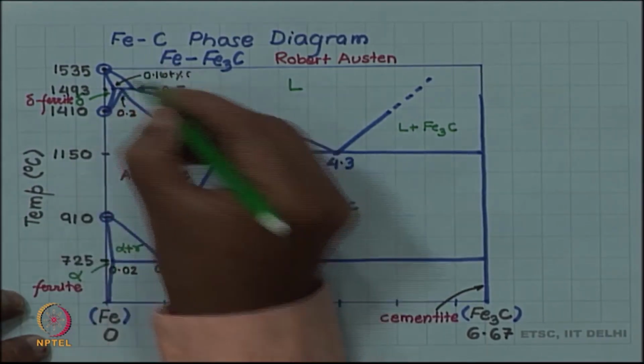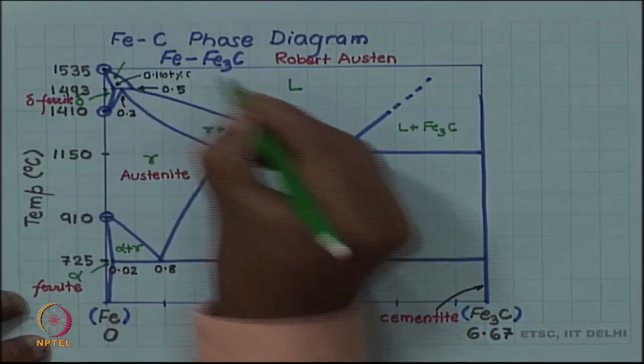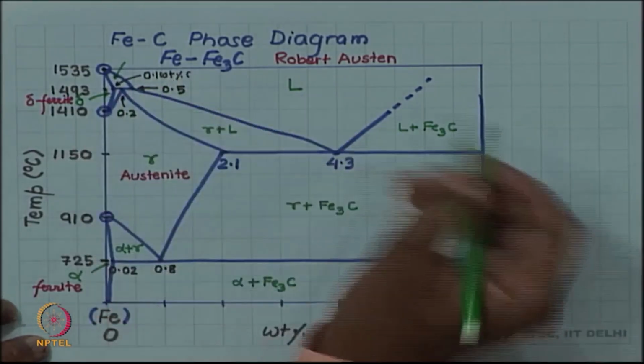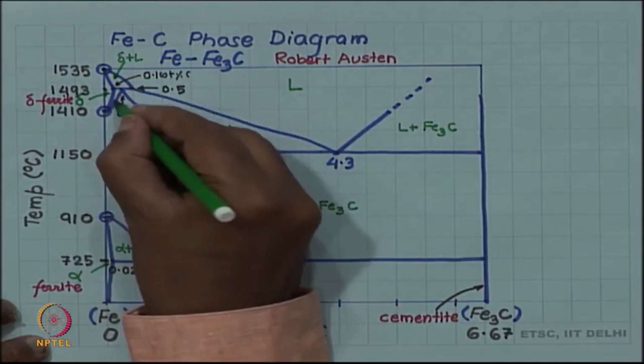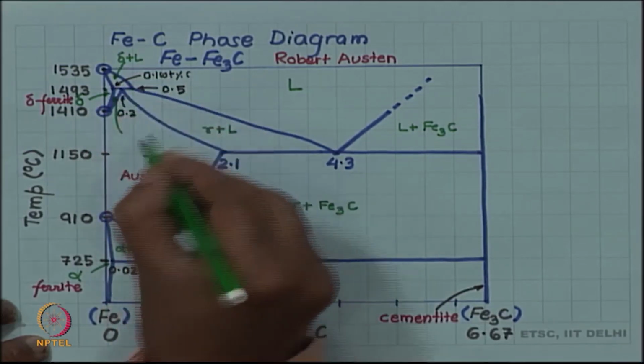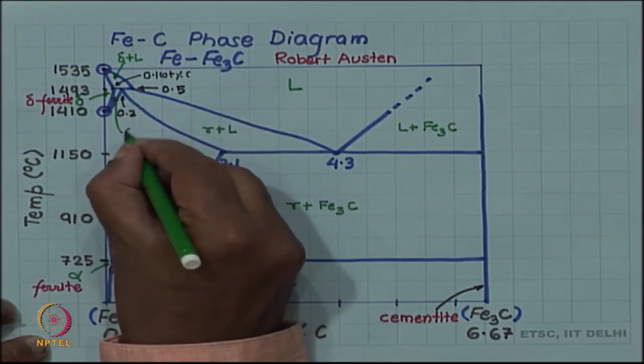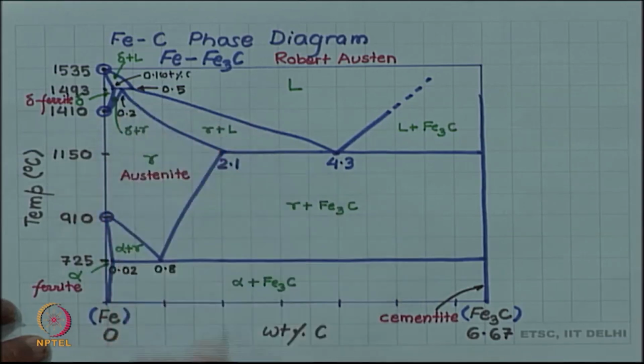The two phase regions here also can be labeled, though space is not there. This is between delta and liquid, so this is delta plus liquid, and this one is delta plus gamma.